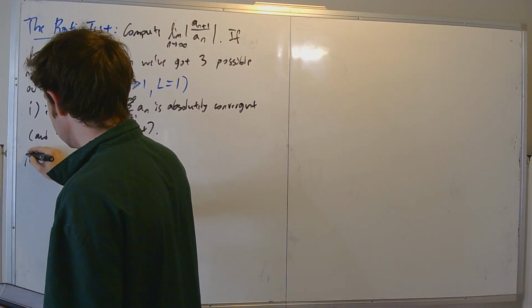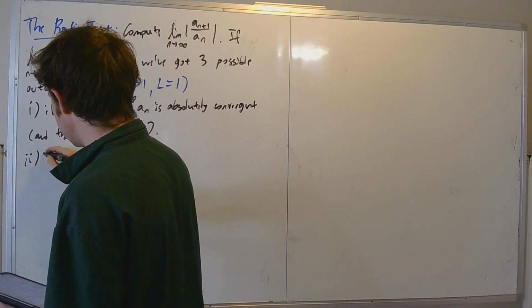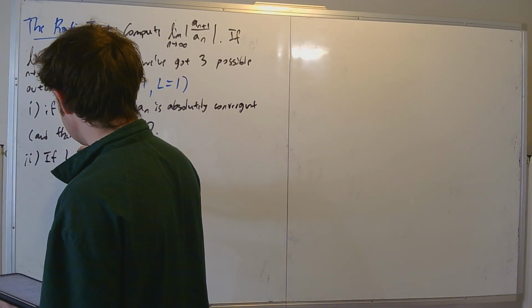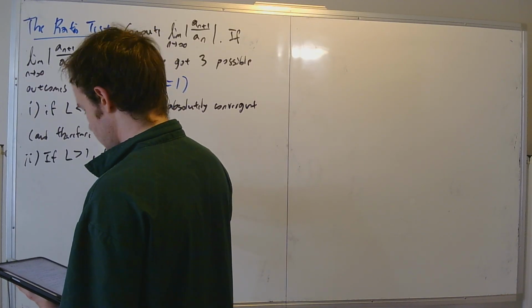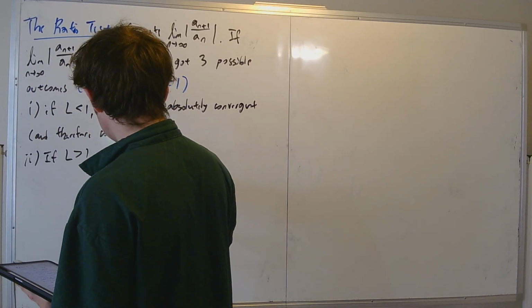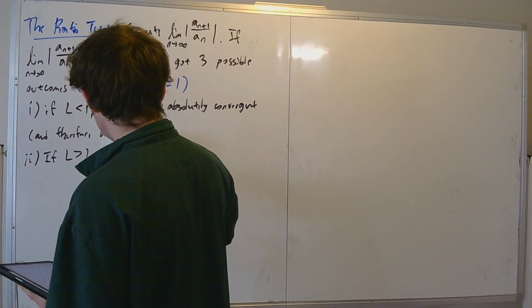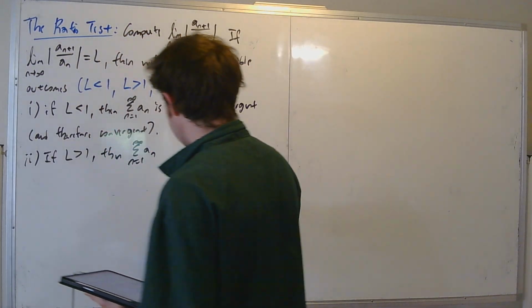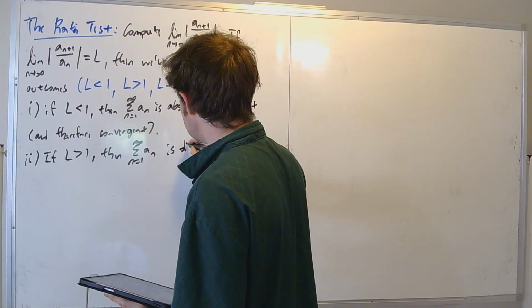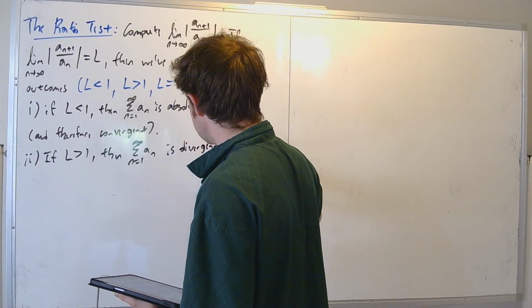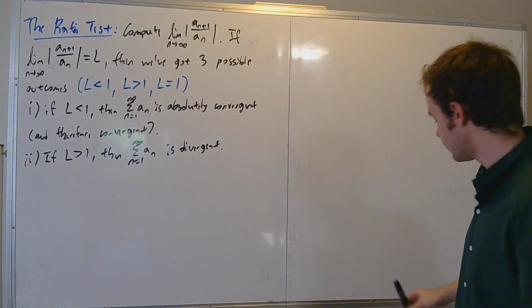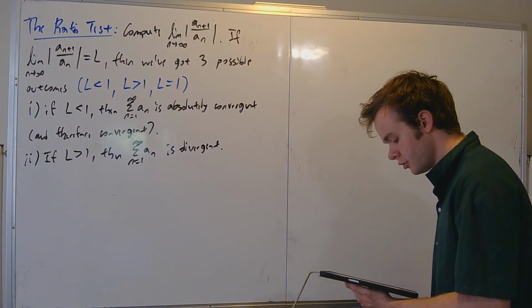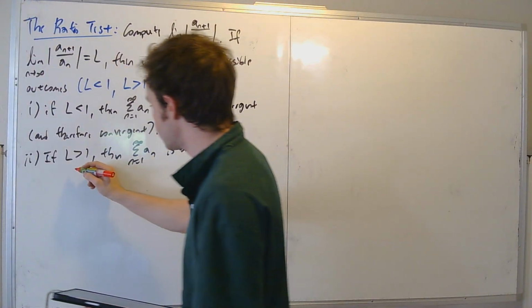So case number 2 is going to say if L is greater than 1, then the sum from n equals 1 to infinity of a_n is divergent. This is also a very good case for us because it tells us exactly that our sum is divergent, and I'll say here L is greater than 1.